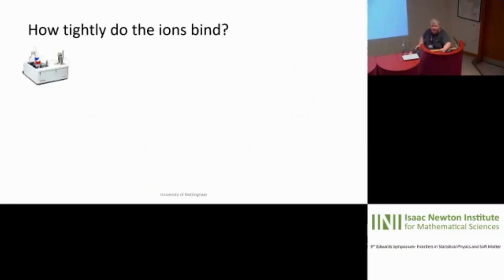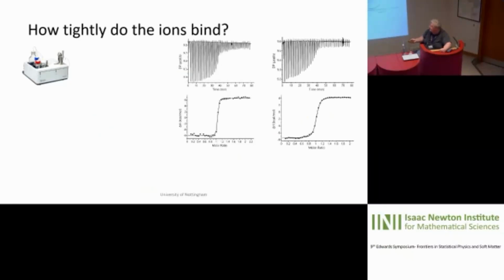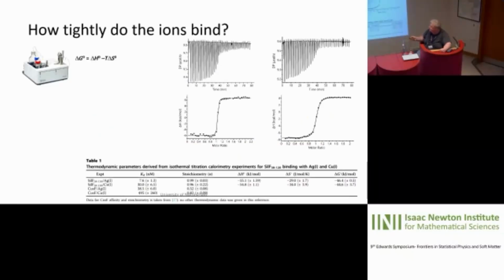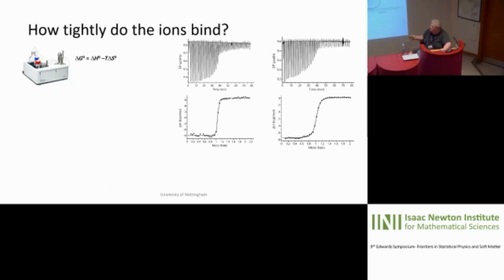So we can do a bit of calorimetry, some isothermal titration calorimetry. For those that don't know, you basically put your protein in here and you titrate in your ligand, and you get heat changes. You measure the heat changes here, and basic thermodynamics is that if you sum up the heats here and you know your concentration, heat per mole is your enthalpy.